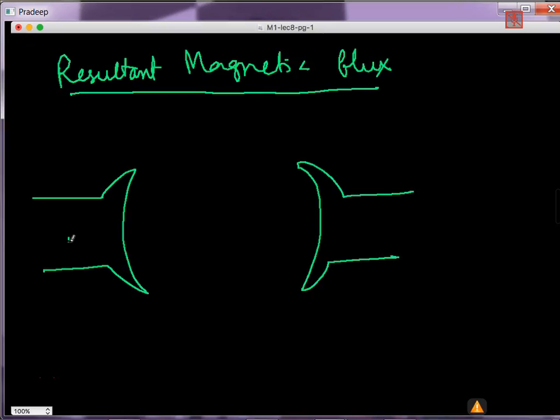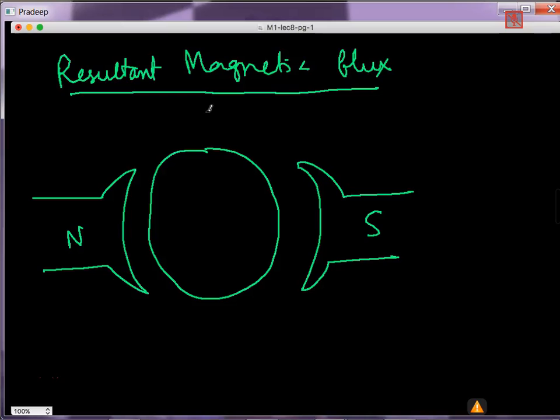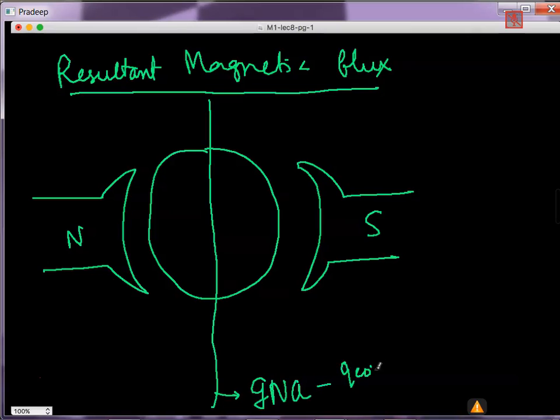This is the field. And if I draw a vertical line, this vertical line is called GNA, the geometrically neutral axis.